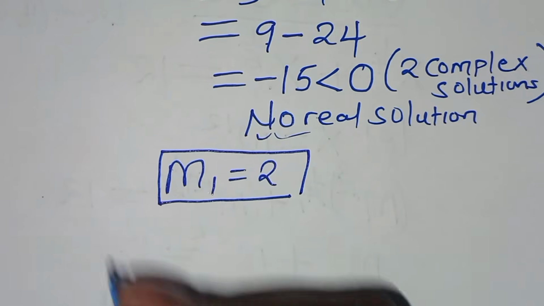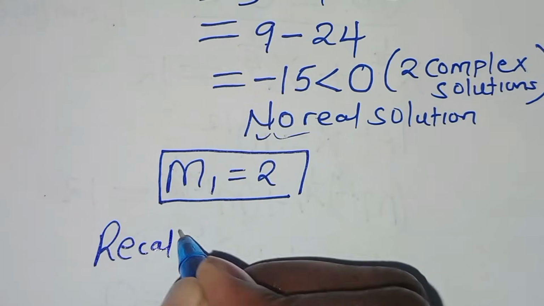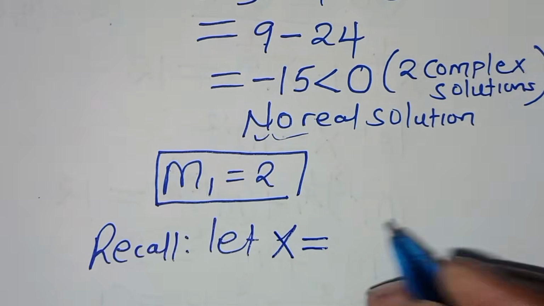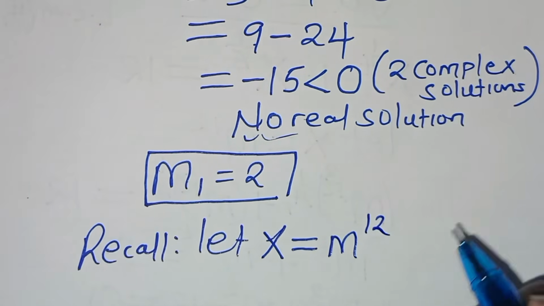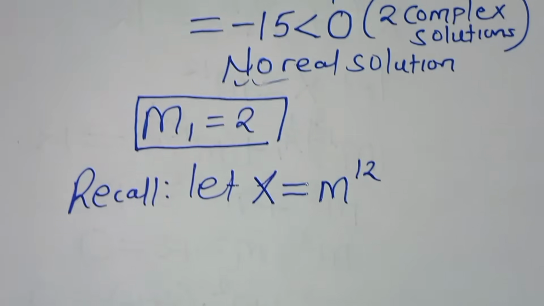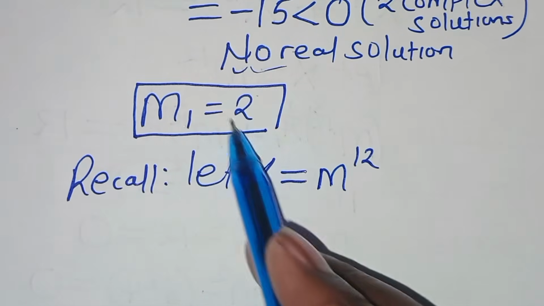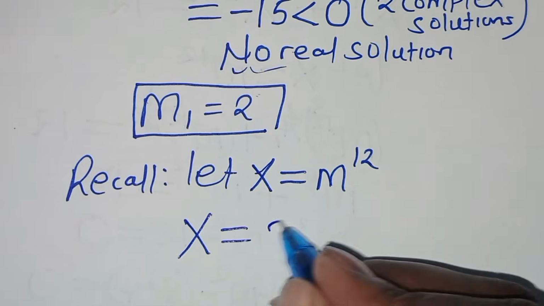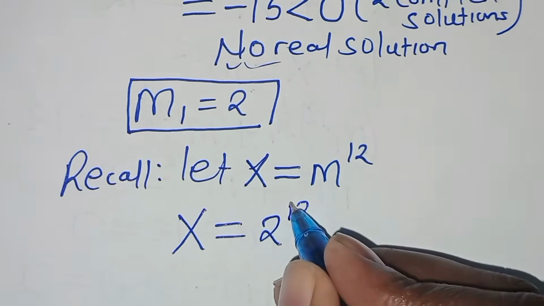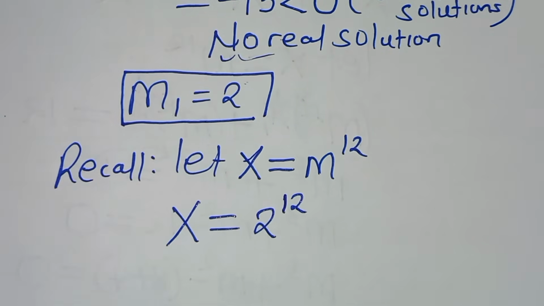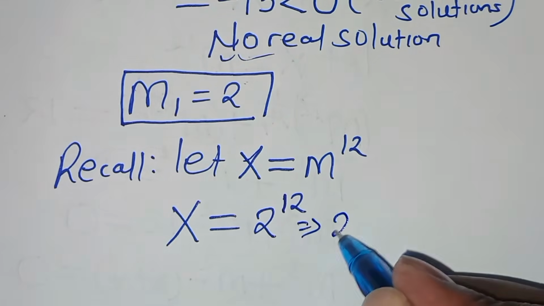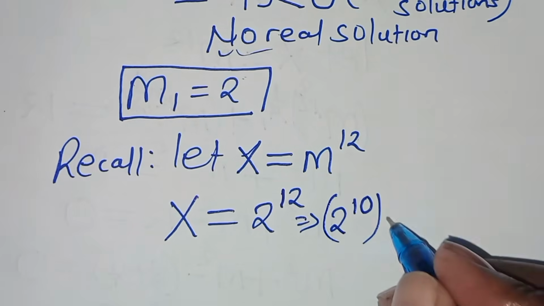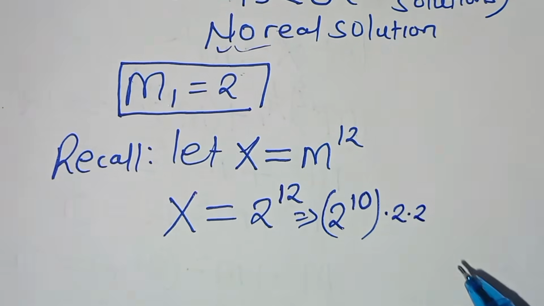Now, if you recall, we have seen that let x be equal to m to the power of 12. So to solve for x here, let's substitute m1 so that now x will be equal to 2 to the power of 12, which in this case is the same thing as 2 to the power of 10 multiplied by 2 multiplied by 2.